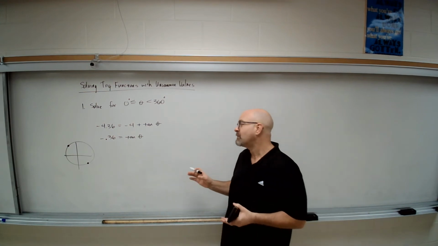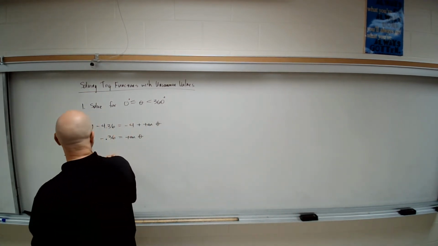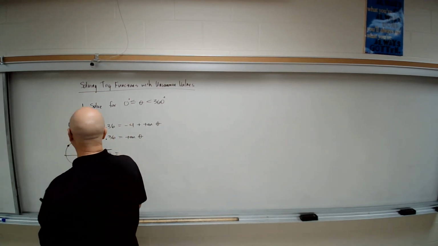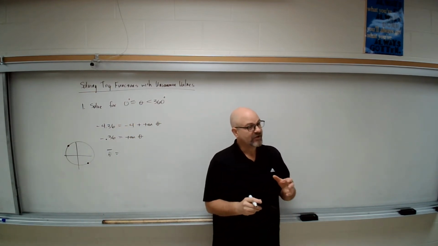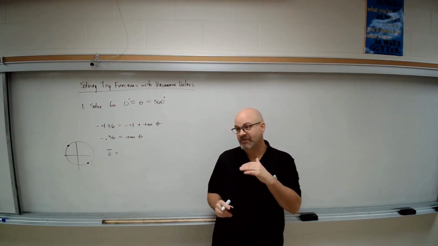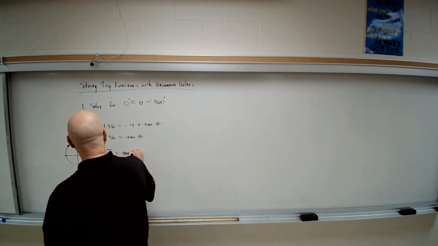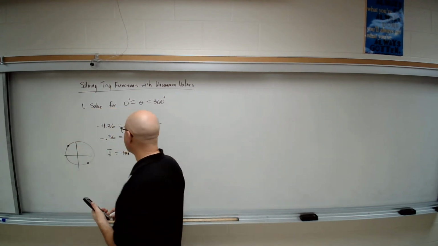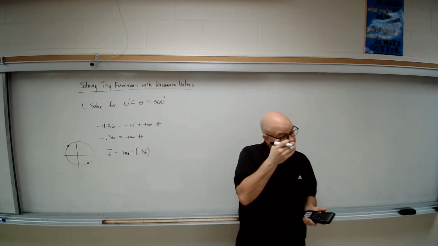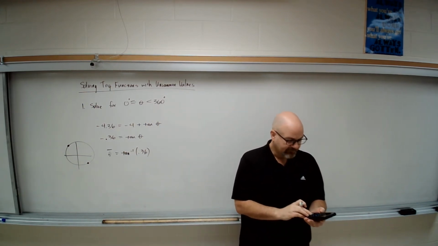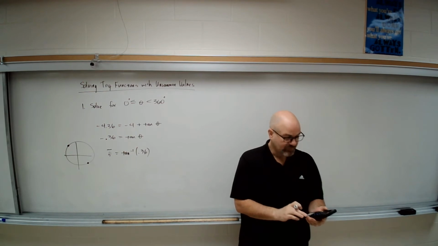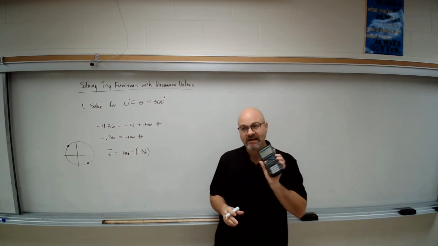But what I would kind of recommend here is, let's say that theta bar, the reference angle, the acute angle between the x-axis and the terminal side, is going to be the inverse tangent of 0.36. That's what I would recommend that we do here. Later on, if you want to get fancy and use negatives, you're fine. But this will really work nicely for us.